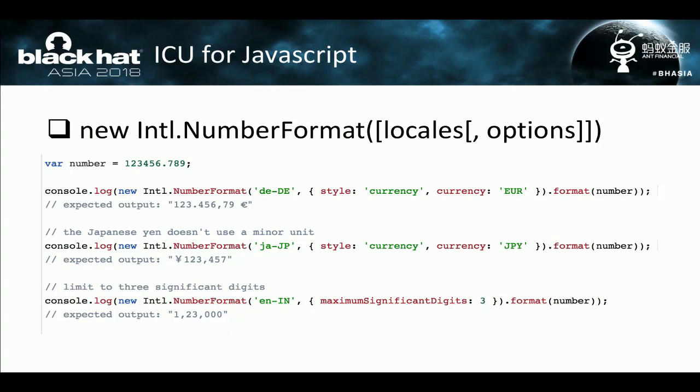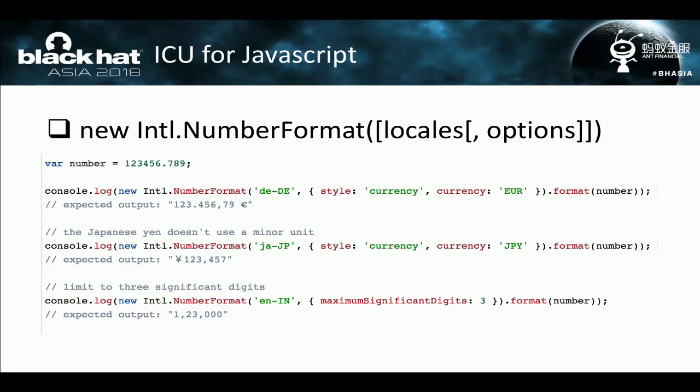After the format function is called, we can say the output number is in German format. German uses a comma as a decimal separator and a period for thousands. And the EUR determines the output is in Euro format.